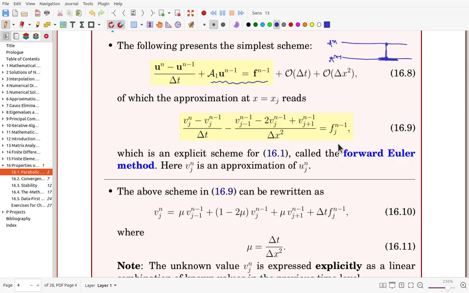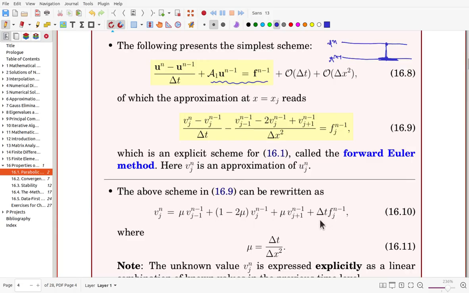This scheme can be rewritten as this one. First multiply by delta t, and use the notation mu, where mu is delta t over delta x squared. Then, with a little bit of algebraic manipulation, you can reach this equation.